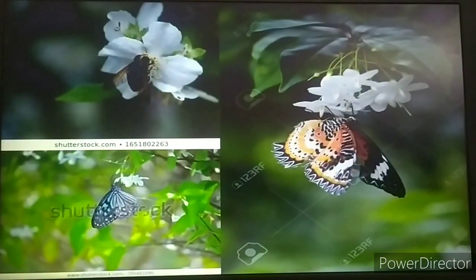As you can see in this module, so many insects. Here in the 2 figures it is butterfly, and in the first one you can see a honeybee. So the flowers are brightly colored to attract insects, and when insects get attracted towards the flowers, they help in pollination.